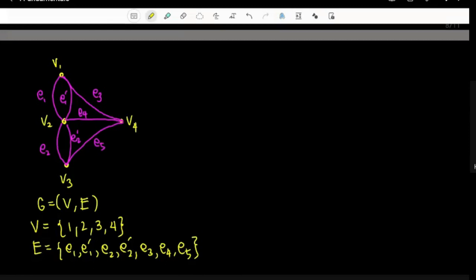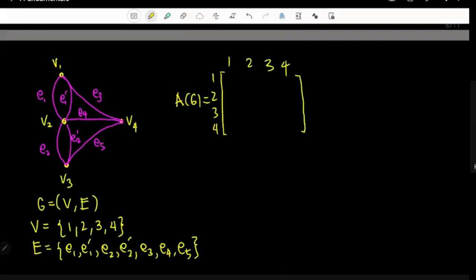Okay. So, how do we write or how do we construct the adjacency matrix? So, the adjacency matrix is a matrix that tells us whether the 2 vertices are adjacent. So, imagine that this is vertex 1, 2, 3, and 4, and then this will be vertex 1, 2, 3, and 4.